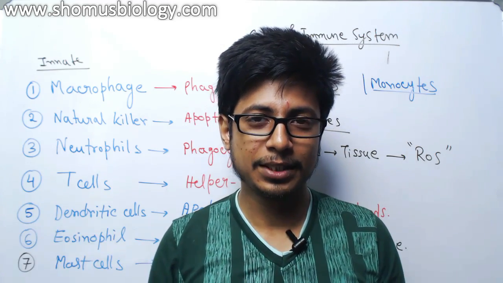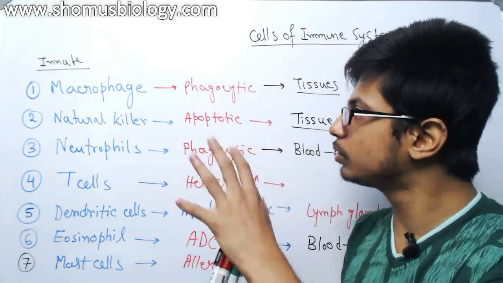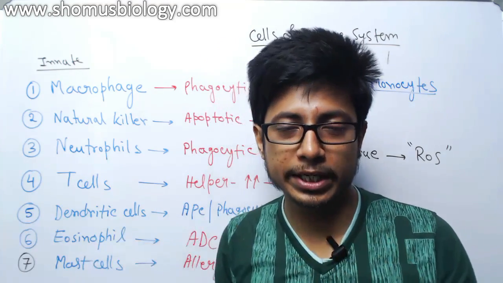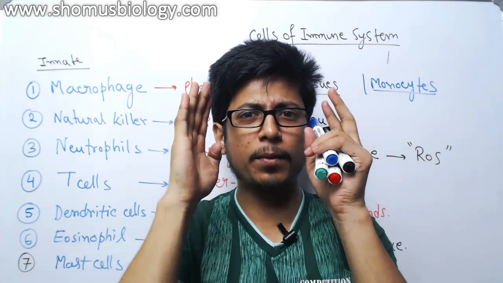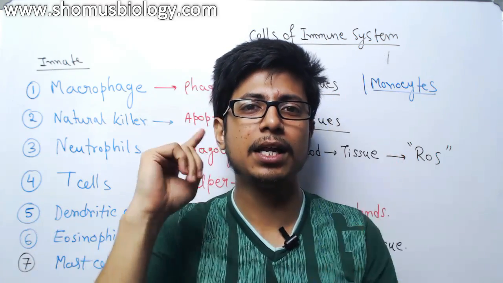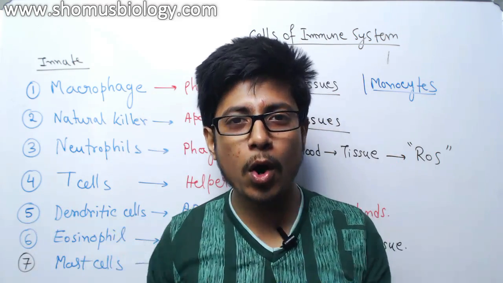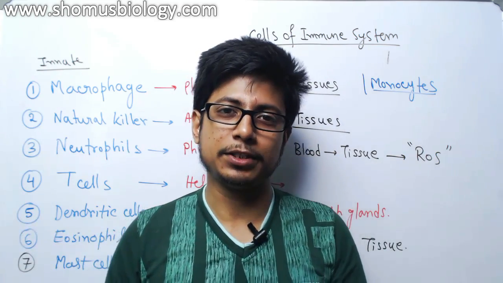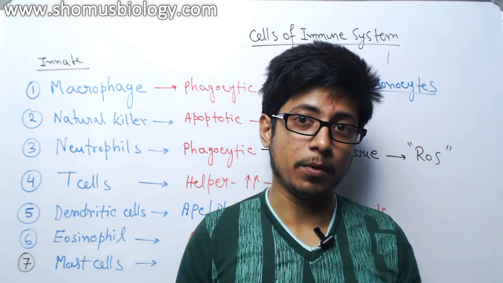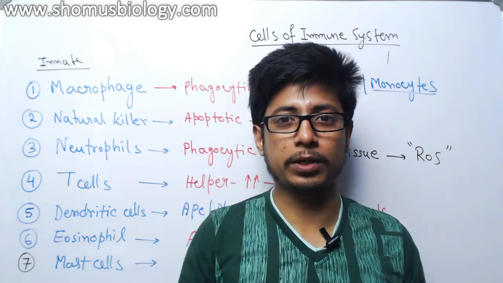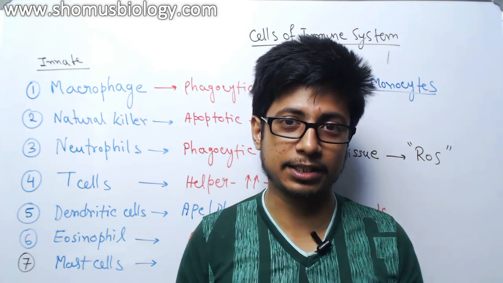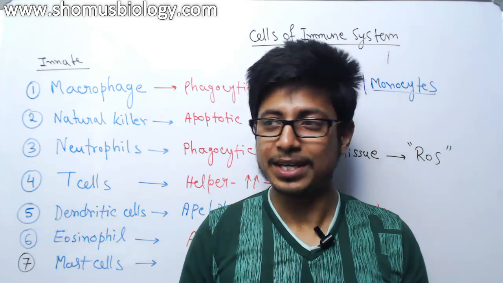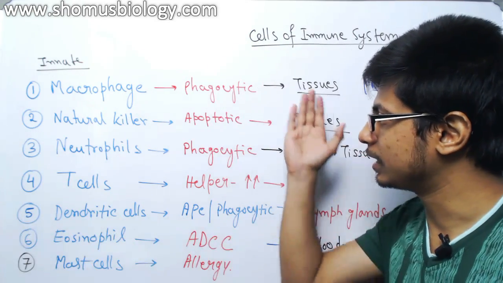I hope you understand how all those cells originate from a single stem cell, a pluripotent cell. From that pluripotent cell, so many different varieties of cells are generated, and I've listed the functionality of the cells here.